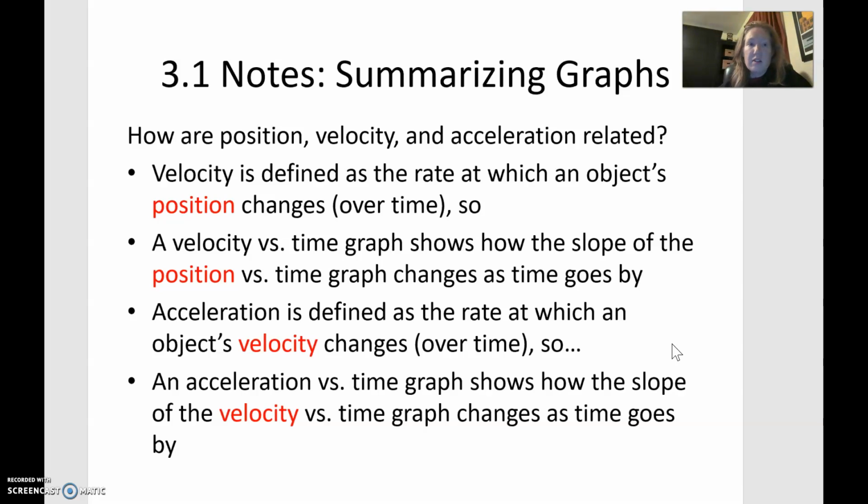If we make an acceleration versus time graph, we don't do that very often, but you can do that. In chapter 3, most of the time we are just going to focus on acceleration being a number. Is it a positive number, like positive 3 meters per second squared? Or is it a negative number, like negative 10 meters per second squared? Okay.